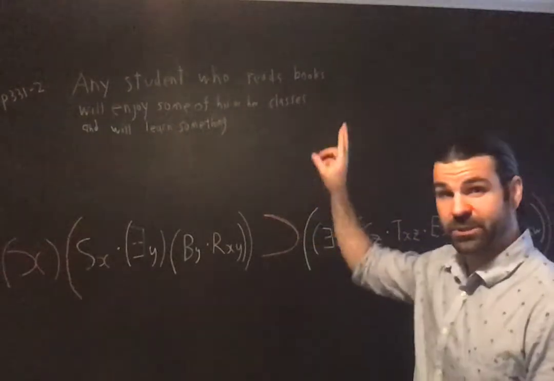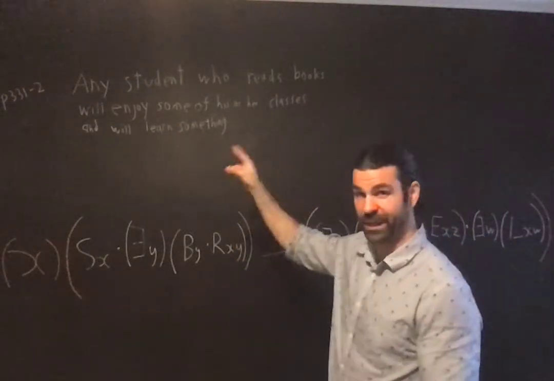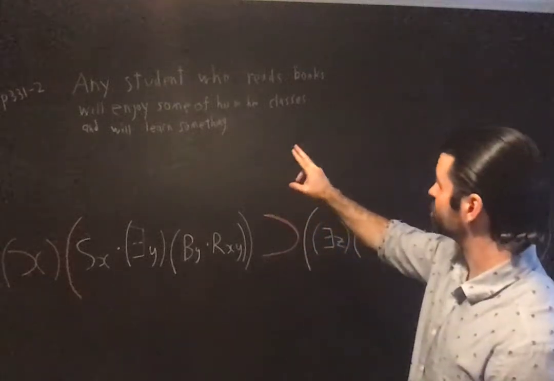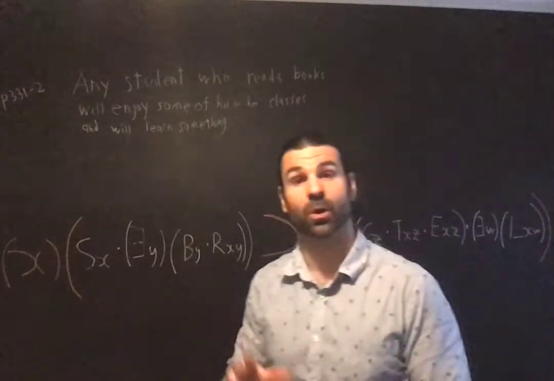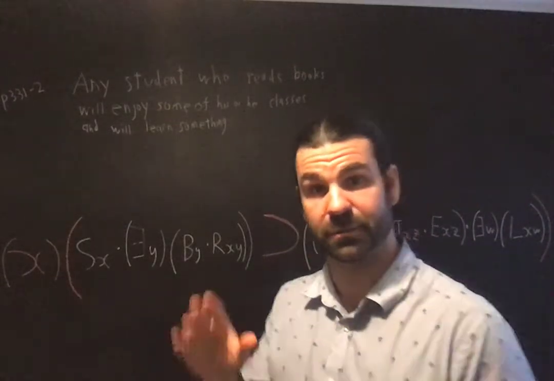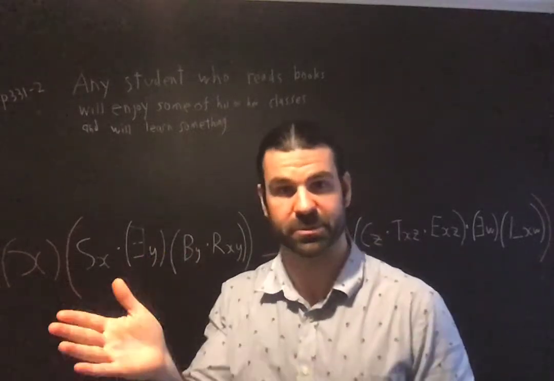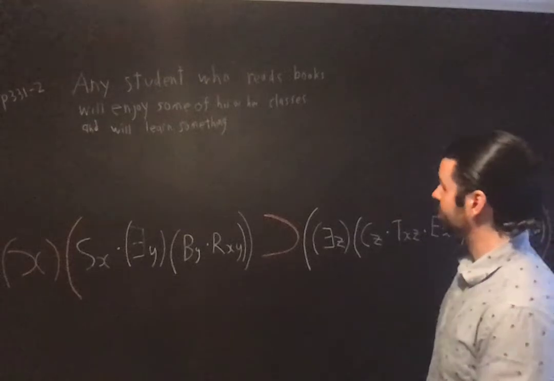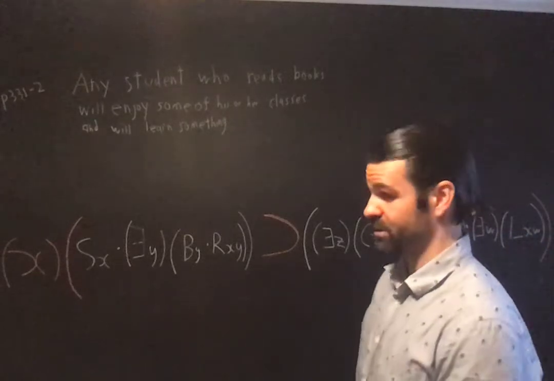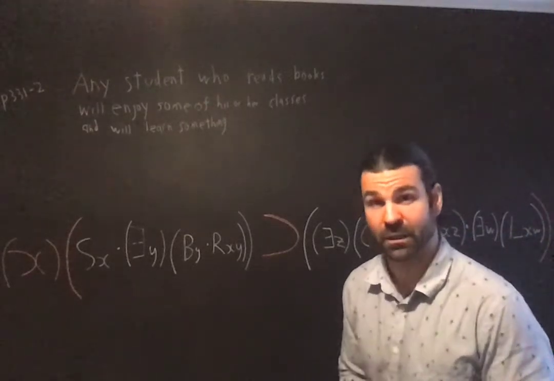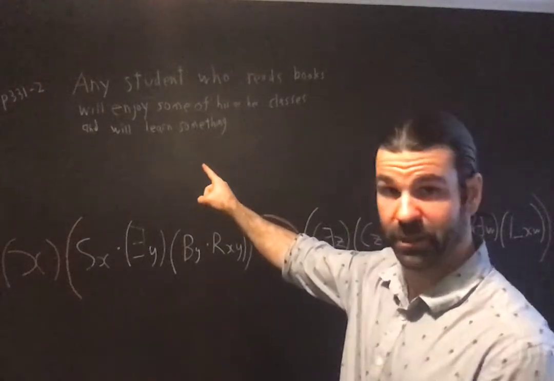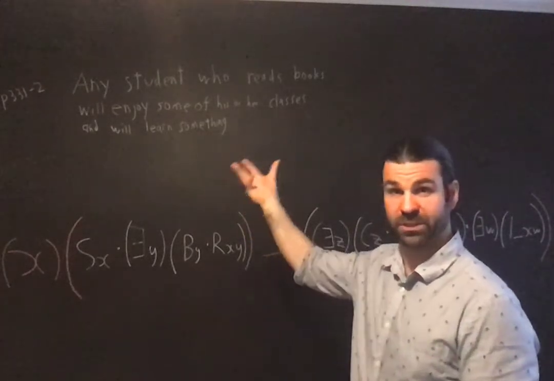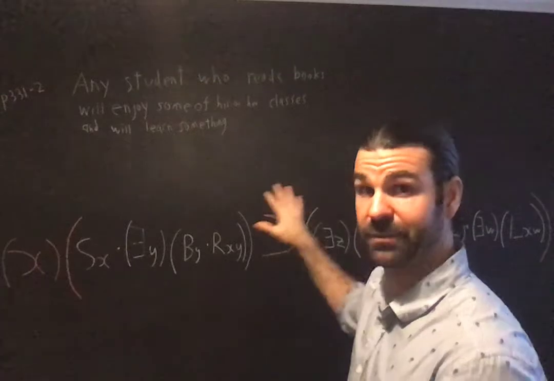Okay, what's the subject? Noun plus all modifiers. Student, any student, or we could ask, where's the verb, right? It's where the subject ends and the predicate begins. Any student who reads books will enjoy some of his or her classes and will learn something, okay? So the ones in the subject class will, blah, blah, blah, that's the verb.